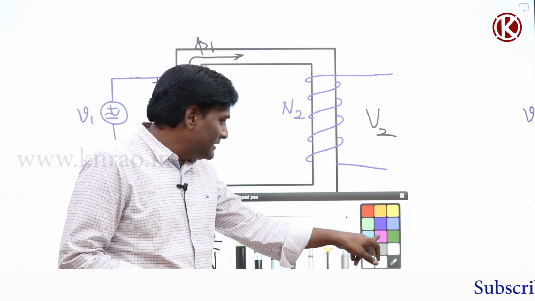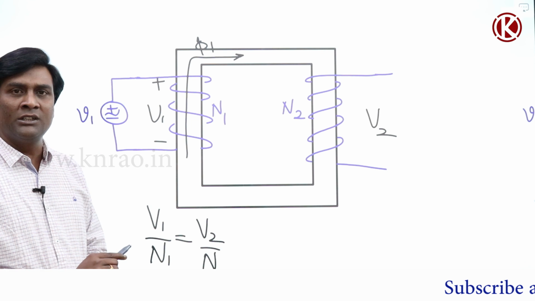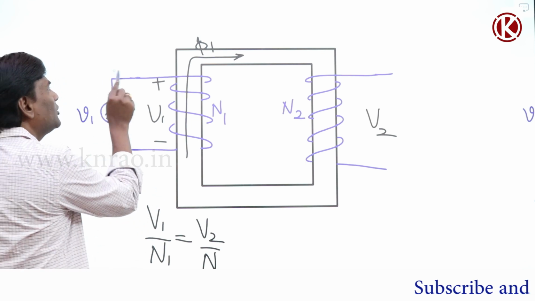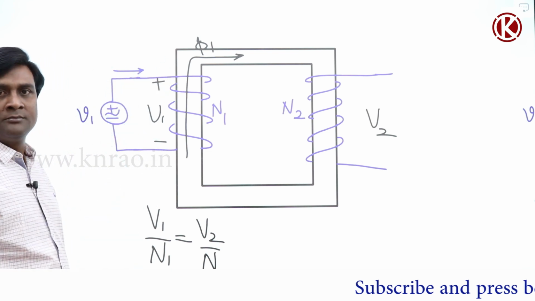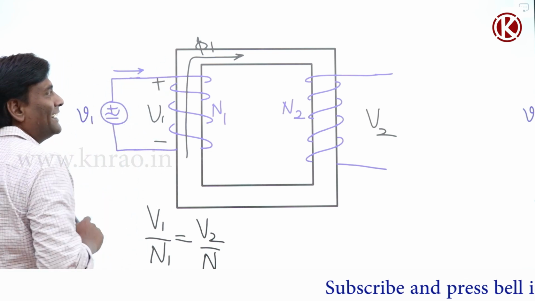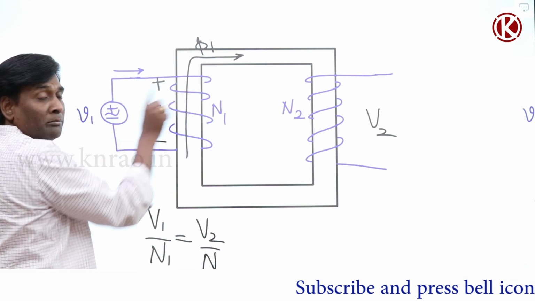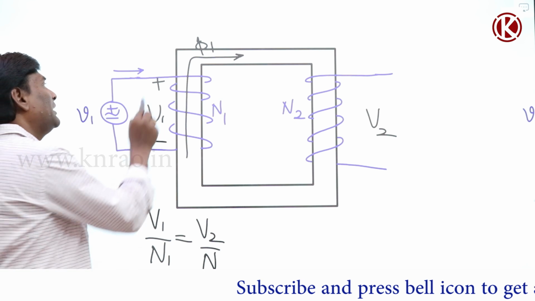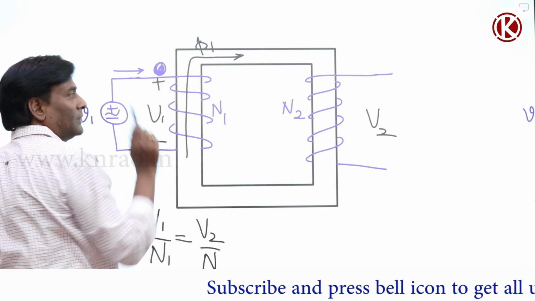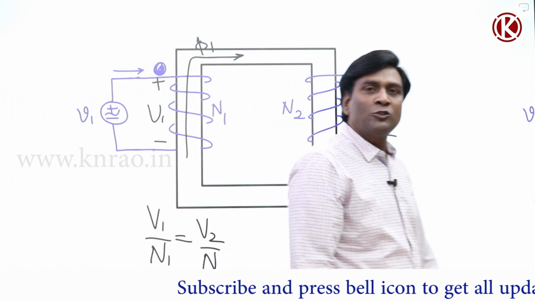Now let us see the dot convention. For example, if I think of my current flowing in this direction, because from the positive terminal current has to come out, as it's a source. If current is entering here, by the right hand thumb rule the flux is in the upward direction, so let me keep the dot here. Now, in which terminal does current have to be injected?